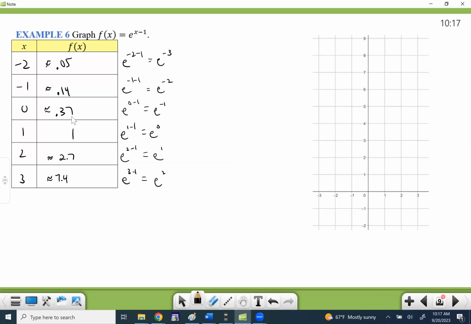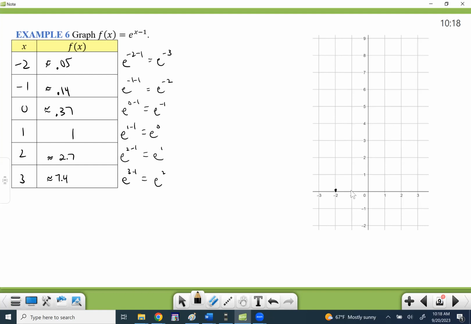Now, before I start it, you guys should be able to tell me whether or not this is growth or decay. Remember we said if the base is greater than 1, it'll grow. If the base is a proper fraction between 0 and 1, it'll decay. Our base is e. E is greater than 1, it's 2.7. So we should have growth when we end up graphing this. Okay, so at -2, I'm at 0.05. That's so incredibly small, I can't even show it.